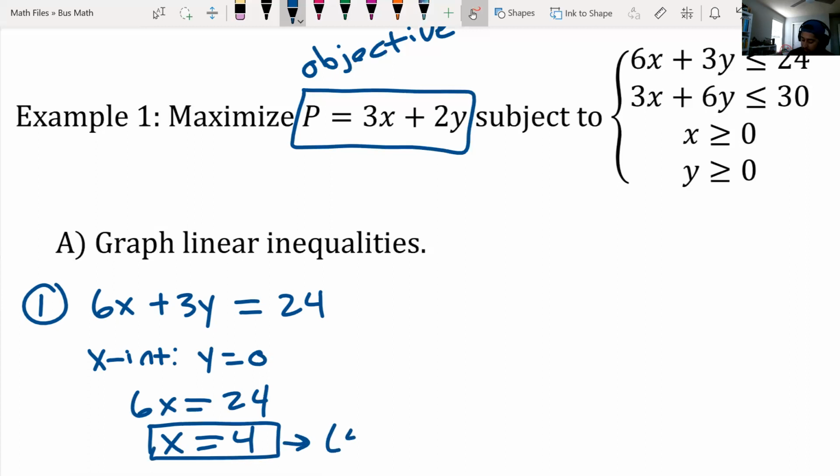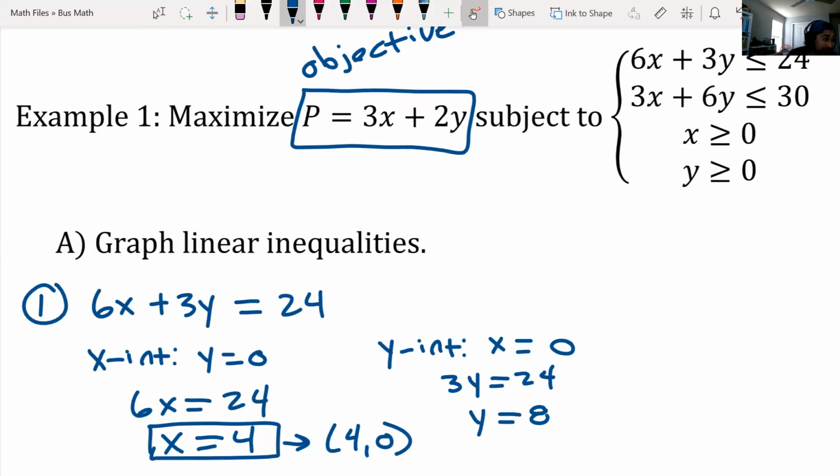Remember that this creates the point (4, 0). And then the y-intercept, we let x equal 0, and you'll get 3y equal to 24, and divide by 3, and y equals 8. And this creates the point (0, 8). All right, so there's the first one. We have the x-intercept and y-intercept for the first one.